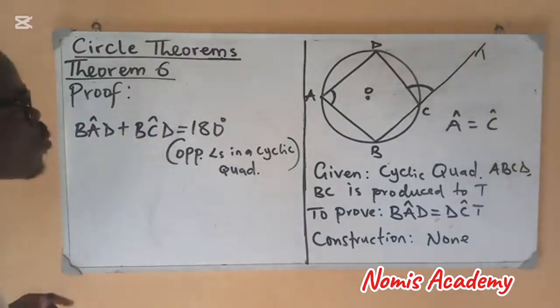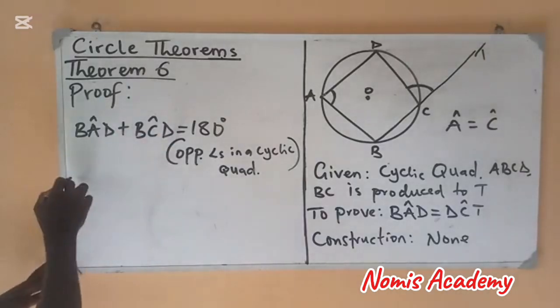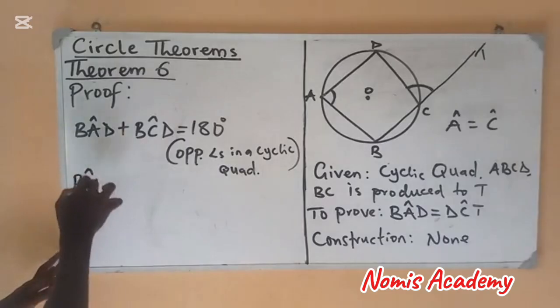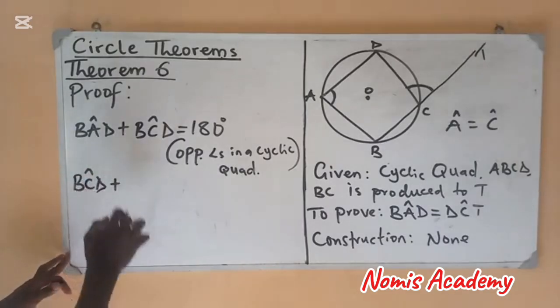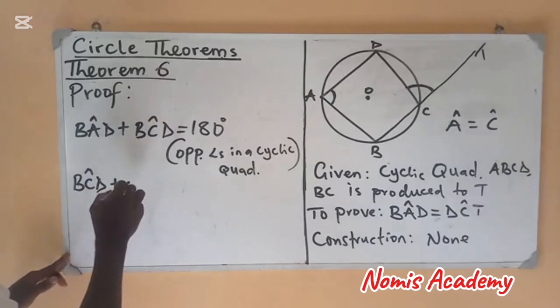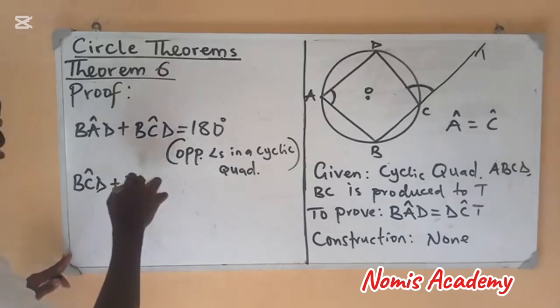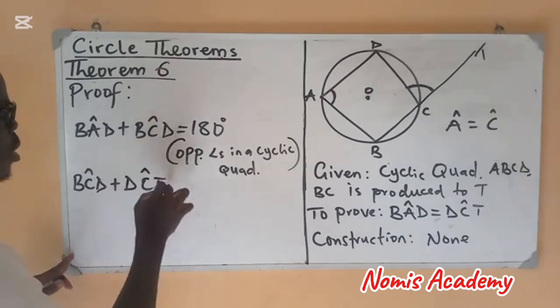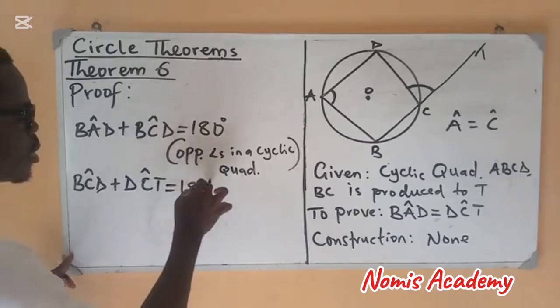Now the next thing, we also know that BCD plus DCT is equal to 180 degrees.